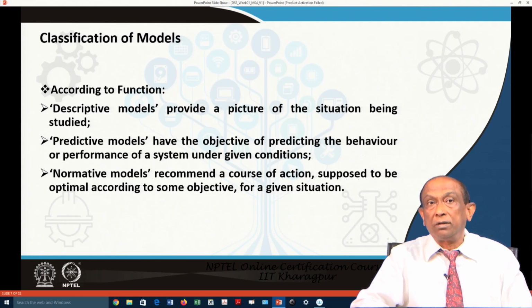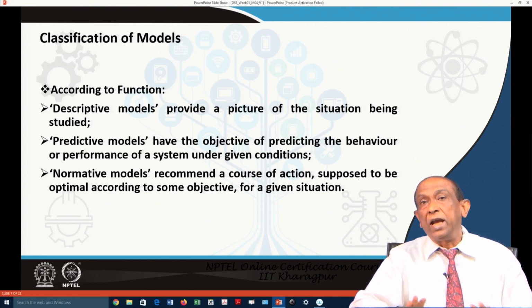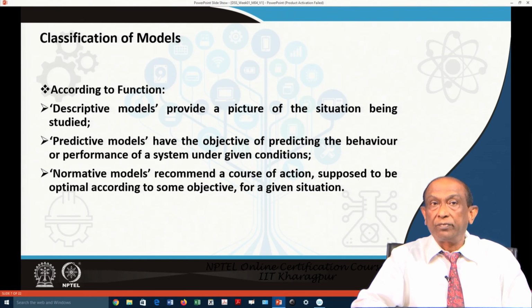Predictive models have as their primary objective to predict the behavior or the performance of the system under a given set of conditions.